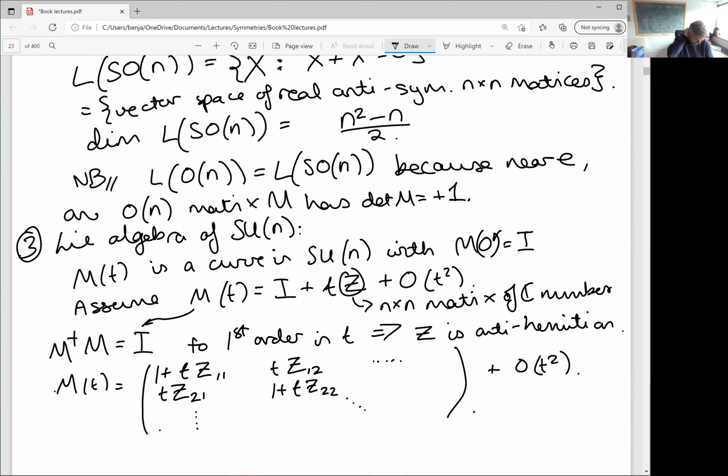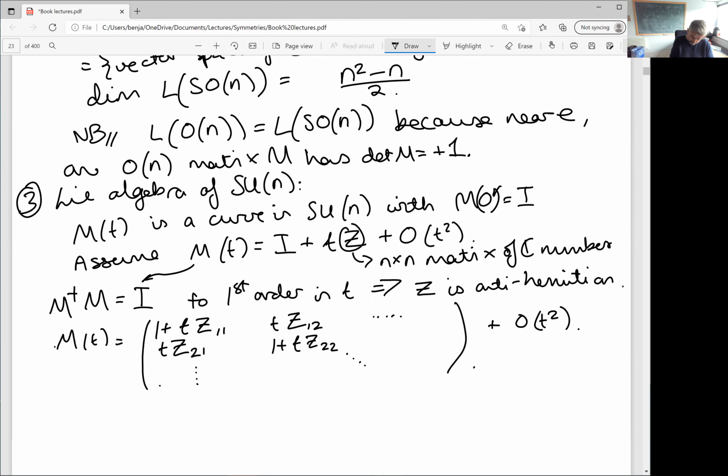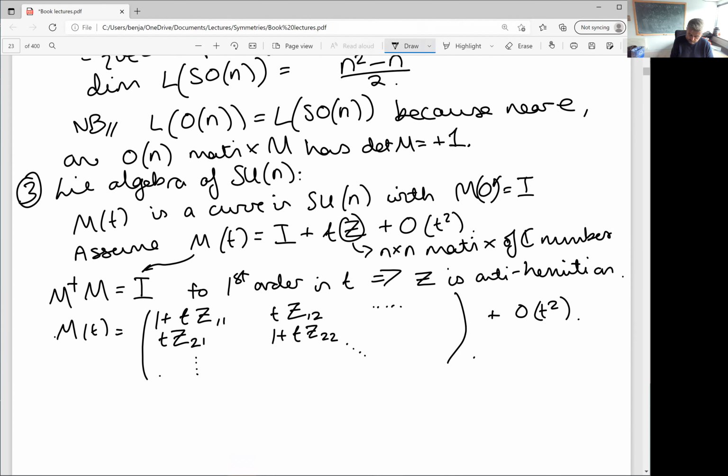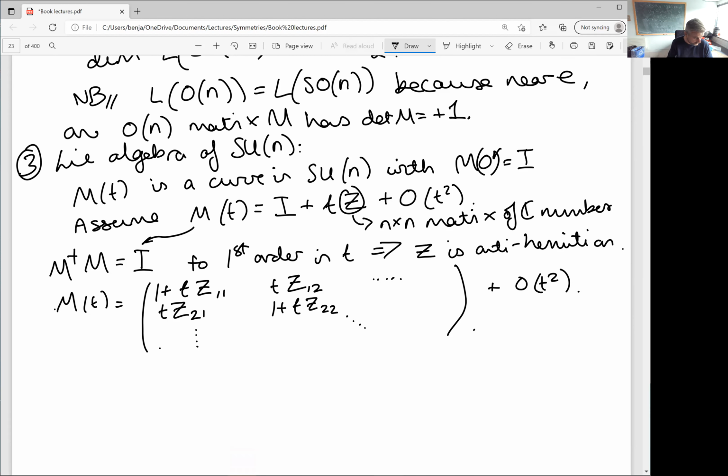So our determinant, yeah, sorry, we know this is true. So an anti-Hermitian matrix has zeros along the diagonal. That's why we have no Z11s, we just have a 1 on the diagonal.